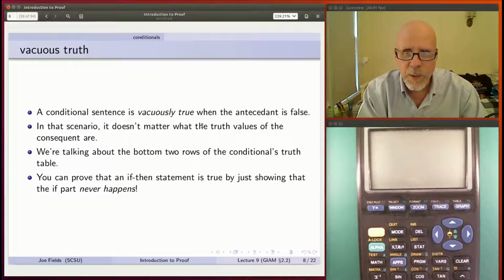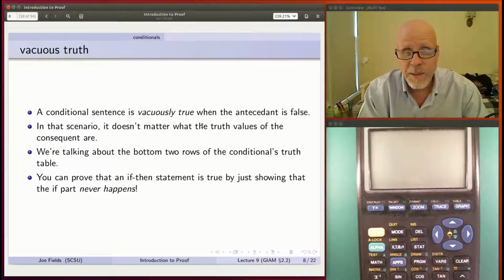You can prove that an if-then sentence is true just by showing that the if part never actually occurs. It's never the case that the if part is true. So if the if part is always false, the thing is true just because of vacuous reasons, which is fun. It's really kind of neat to prove something difficult by just showing something very simple.